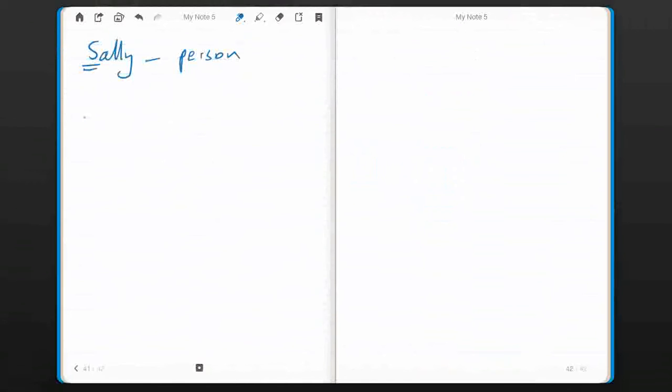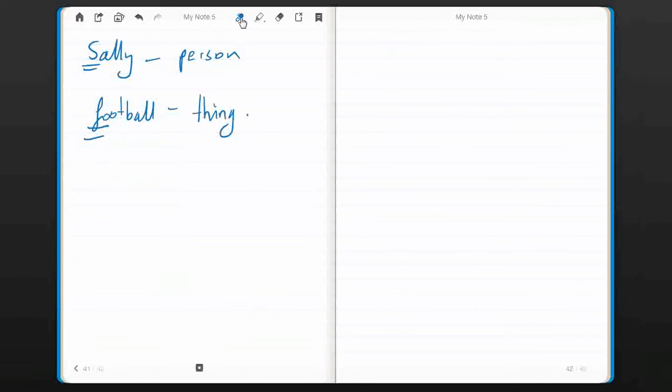Some people get confused and they think objects like, I don't know, a football are actually being named, but even though we've given a name to the thing, it's not the name of a person or a place, so it doesn't have a capital letter. It has a normal small lowercase f, okay, because it's a thing.